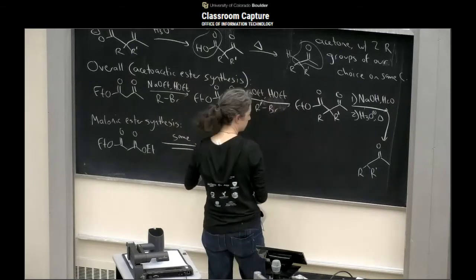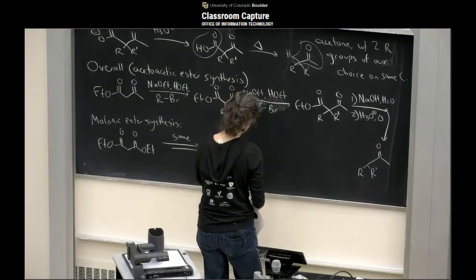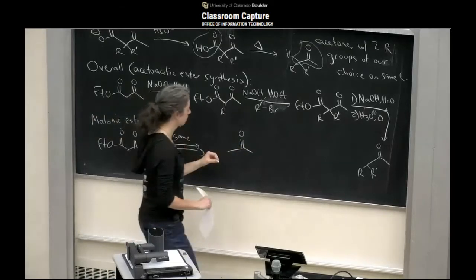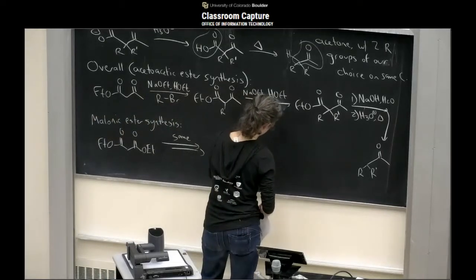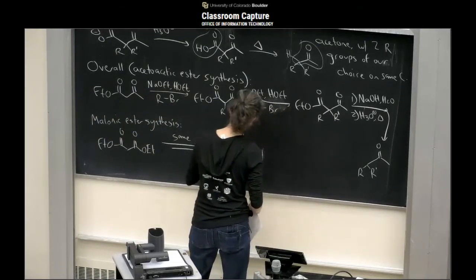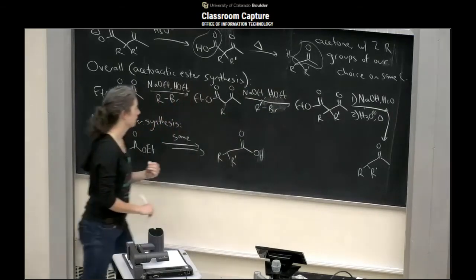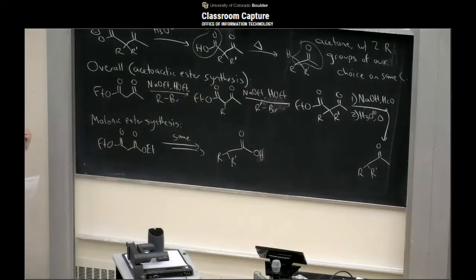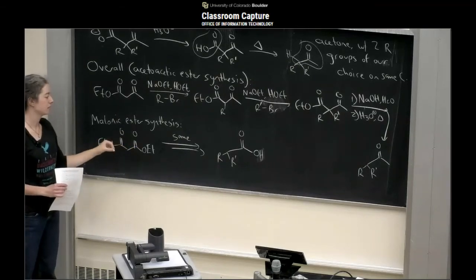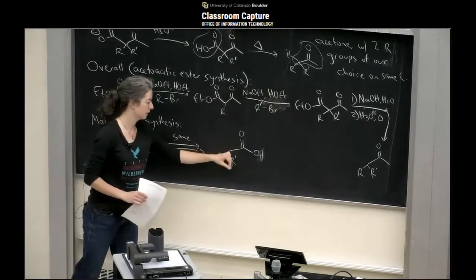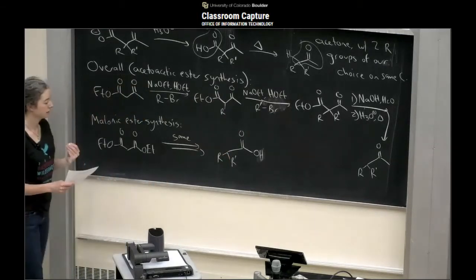Same steps, and you will eventually get to this, only rather than having a methyl group on the right of the molecule, we're going to end up with a carboxylic acid there. So you alkylate once or twice in the middle, hydrolyze both esters now, and then decarboxylate, and you're left with basically acetic acid with 1 or 2 R groups of your choice on there.